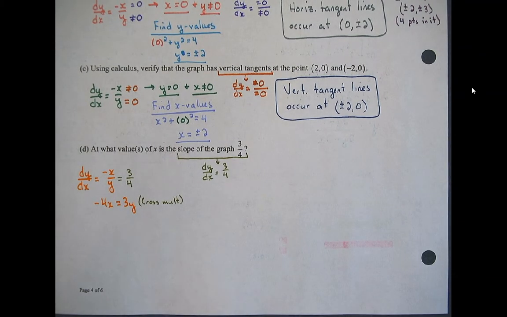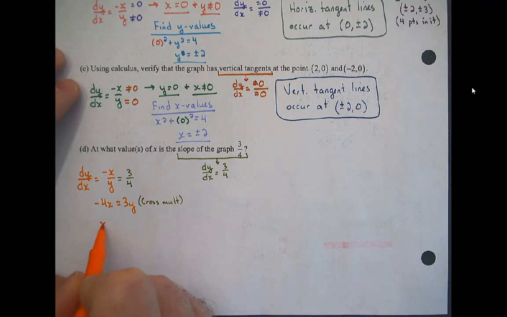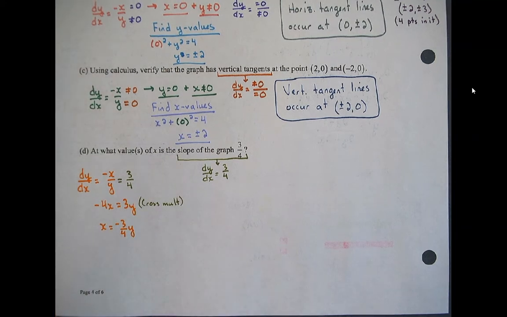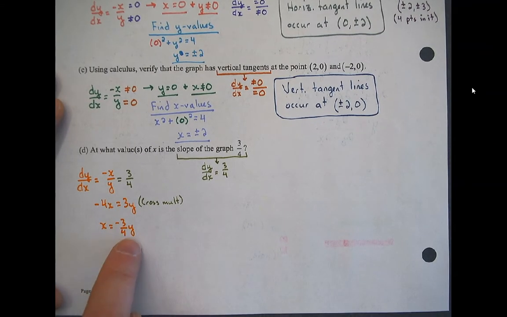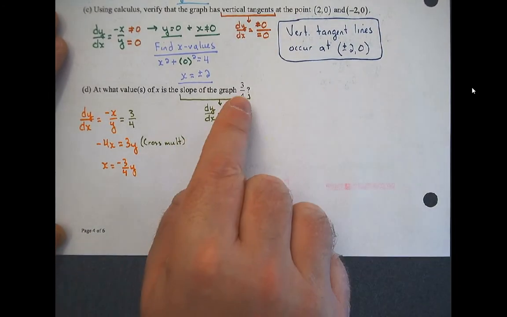Then I would pick a variable to get by itself. Since x is already on the left side, I'm going to get x by itself. So I'm going to divide both sides by negative 4, and I get x equals negative 3/4 y. All right, so now we know that when x is negative 3/4 of whatever y is, you're going to have a slope of 3/4.